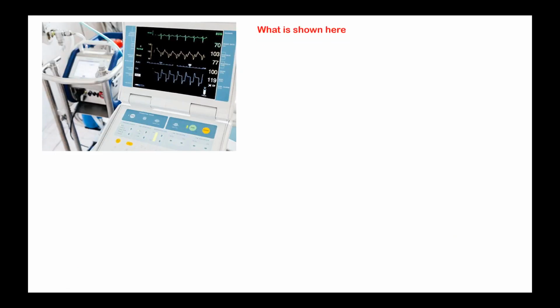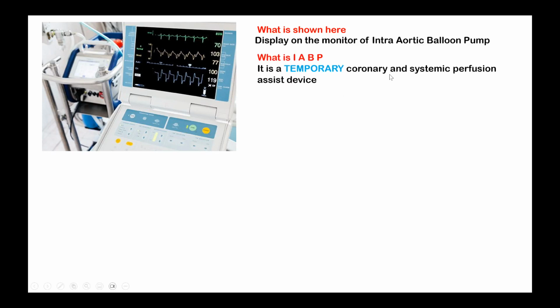So some of the questions that are here: what is shown here, can you answer? This is the intra-aortic balloon pump screen display. What are all the things being shown here? The display on the monitor of an IABP machine. What is IABP? Of course, we have defined it as a temporary coronary and systemic perfusion assist device.